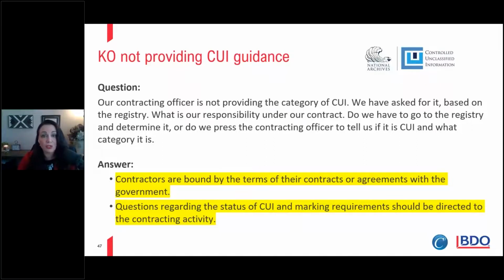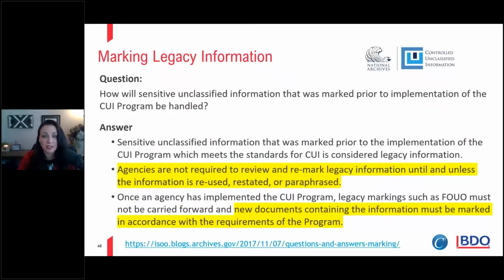And again, try to get an SCG that's supposed to be bound to your contract for the purposes of CUI. And any CUI questions need to be pulled back to the contracting authority. And if you don't get an SCG, let's use that additional form to collect information. And I think it puts everything in a nice, neat context for getting that additional information you might be lacking.